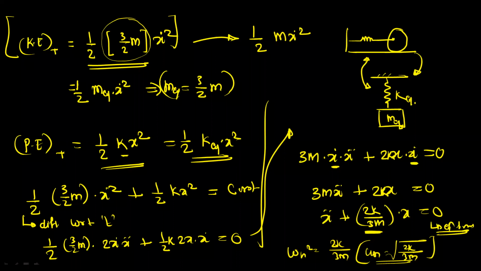So I will give one homework problem which is similar to this problem, but the only change is the disk will not be rolling. So the disk has only rotational motion. So this is the disk. Now the disk is pivoted at its center, and this center is fixed.